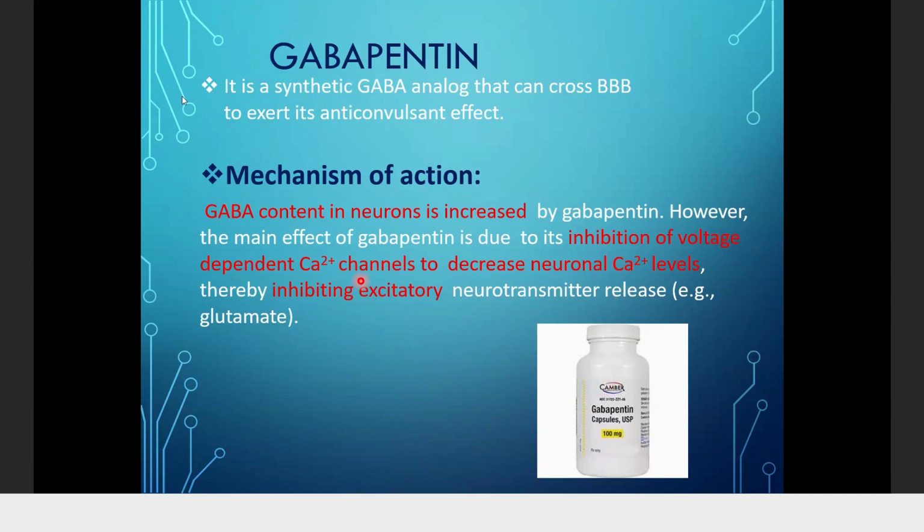However, the main effect of gabapentin is due to inhibition of the voltage-dependent calcium channels, to decrease the neuronal calcium levels, therefore inhibiting excitatory neurotransmitters such as glutamate. It inhibits the glutamate release. Okay, so this is gabapentin.